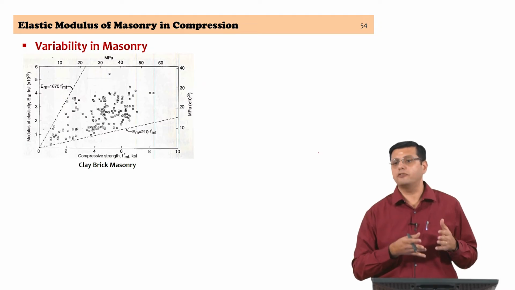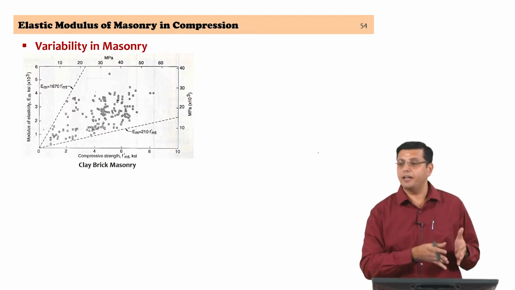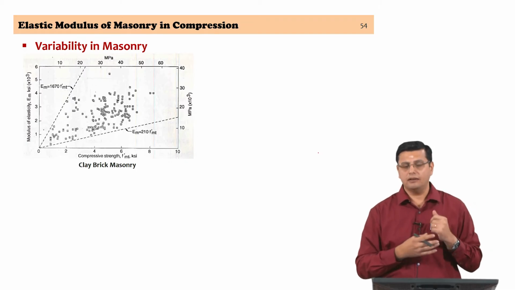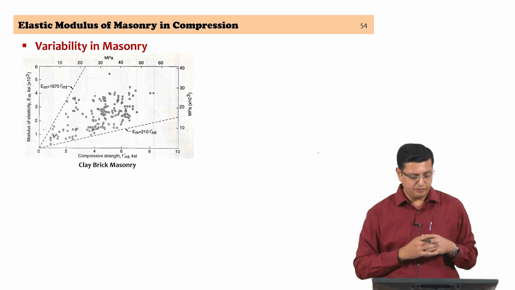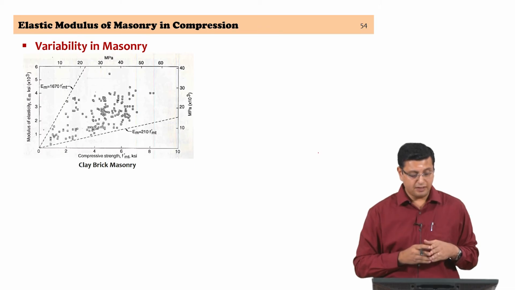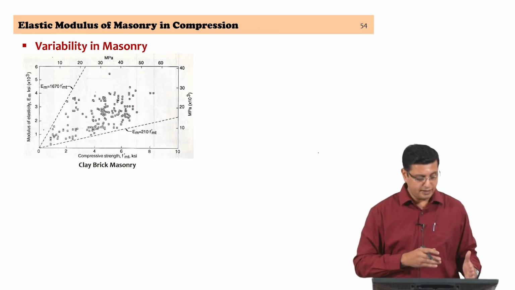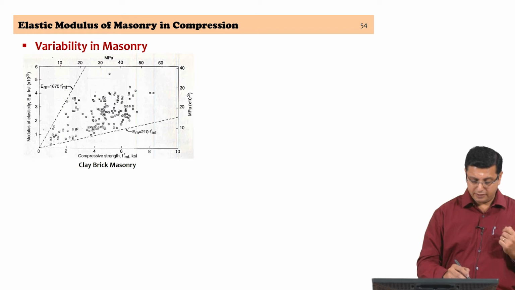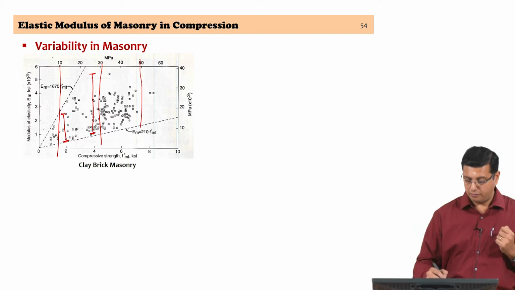Of course, this is not from one single type of clay brick masonry, it could be from different locations and different countries, manufacturing processes and workmanship. However, you can see the kind of scatter that exists even for one level of compressive strength. So, if I take a compressive strength of about 10 megapascals, you can see that you have a scatter even there. You look at 30 megapascals, you have a scatter there, and so on.